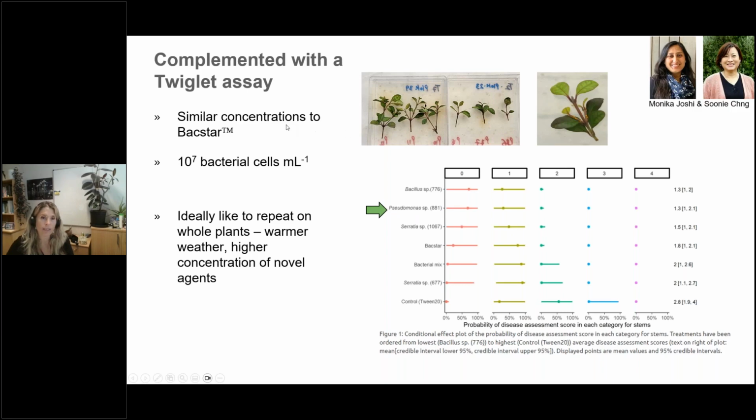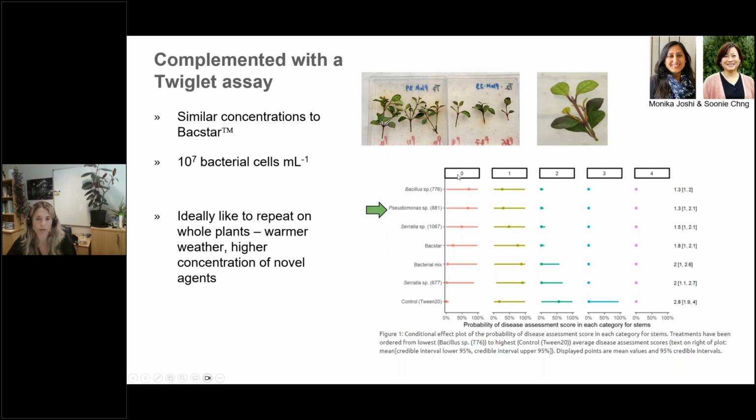And what we're doing is we're using the bacteria that we're interested in as single strains in concentrations similar to what you would see in the Bacstar commercial preparation, and we are spraying them onto the surface of these twiglets and then challenging them with Austropuccinia psidii. And what you can see here in the graph is the probability of any disease score for each of the treatments.